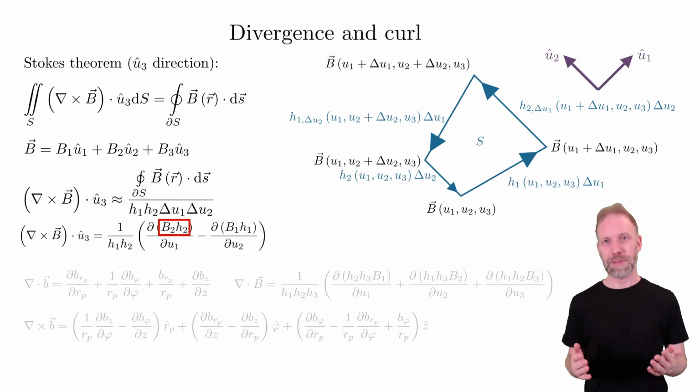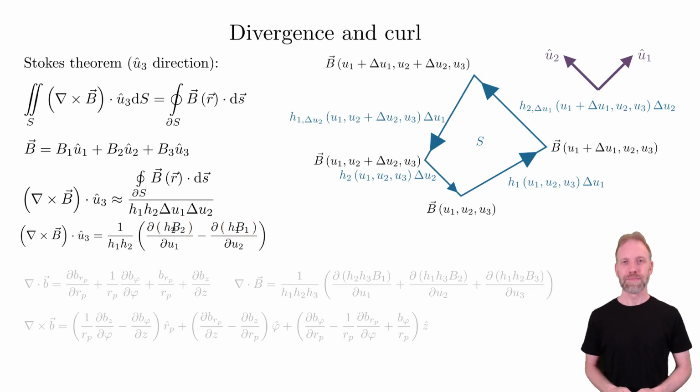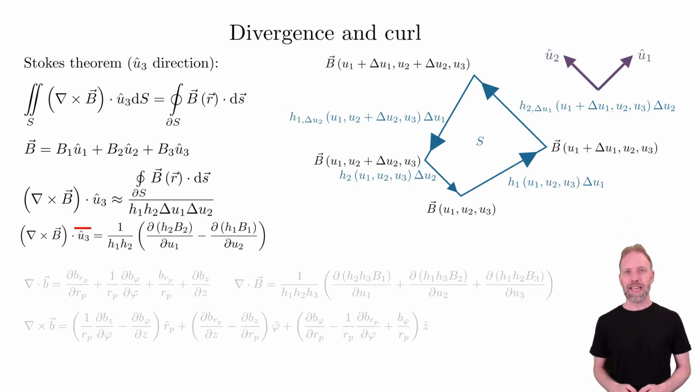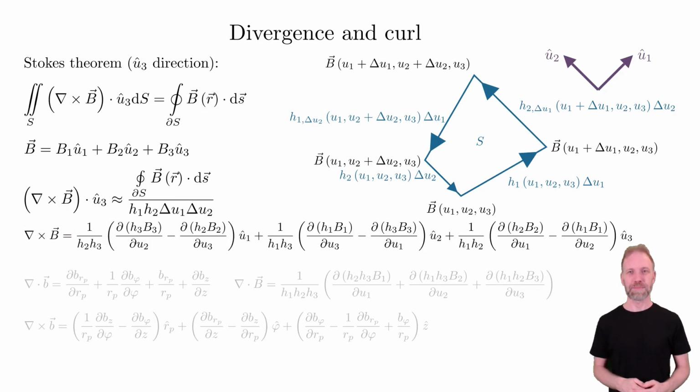The common form is to write b last here. If we want the other two directions, they will be given by similar expressions. Just update the indices. This is the general expression for the curl in an orthogonal coordinate system.